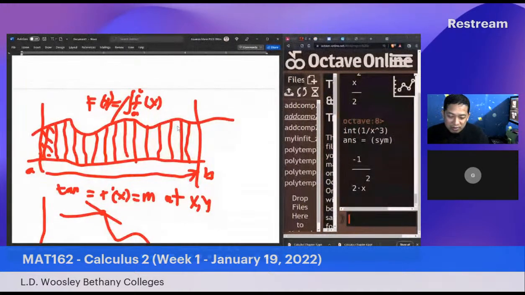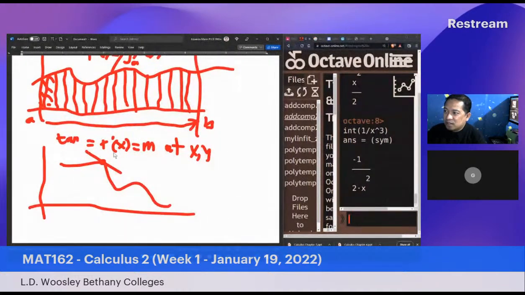May correlation pa rin yung geometric presentation ng f of x, which is the antiderivative, or f prime of x, which is the differential of a particular function in a particular point. So there is a singular point that is tangential to the curve, or a line that is tangential to the curve. That's your tangent line, and that is the function of the derivative. Okay, so yan yung recall natin, no, sa ating differential calculus.